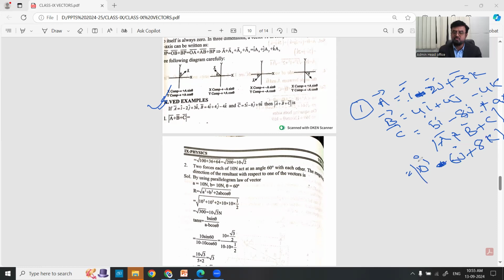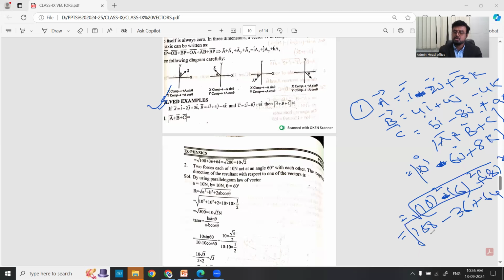If you are asked to find the mod of it, mod is nothing but the under root of 10 square plus minus 6 square plus 8 square. Right? So 10 square is 100, plus 36, plus 64, under root.